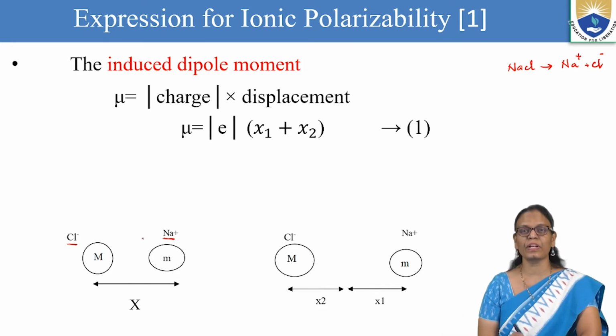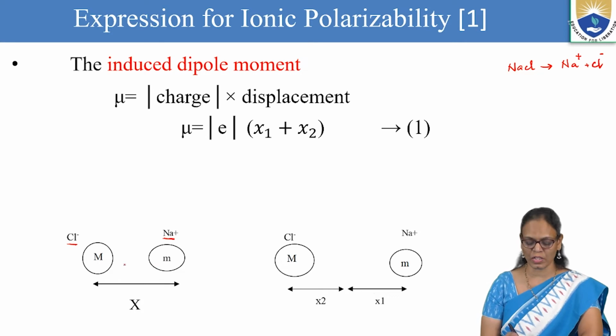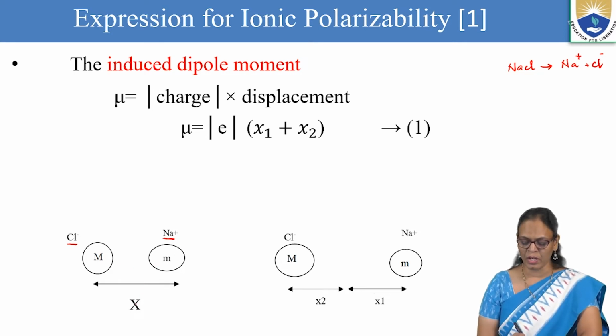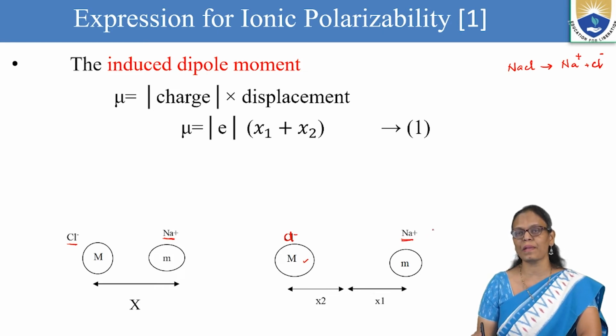So when a field is applied, this is the chlorine ion, which is negative, whose mass we are denoting by capital M, and this is the positive ion Na plus, whose mass is denoted by small m.